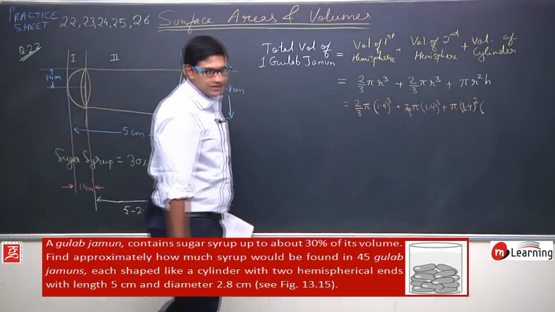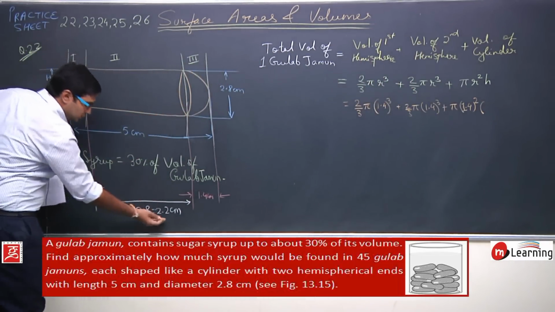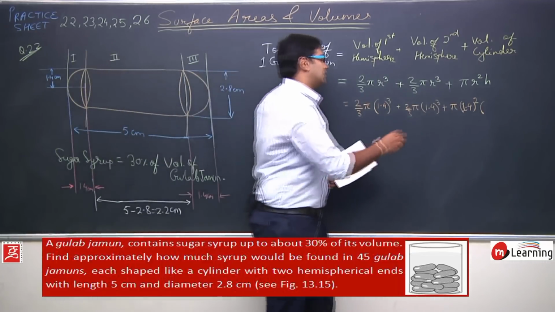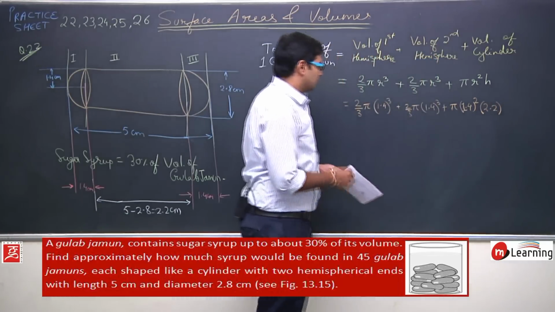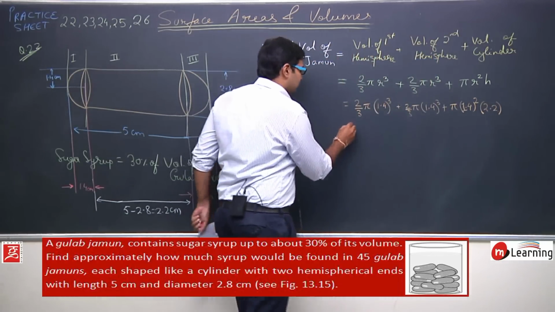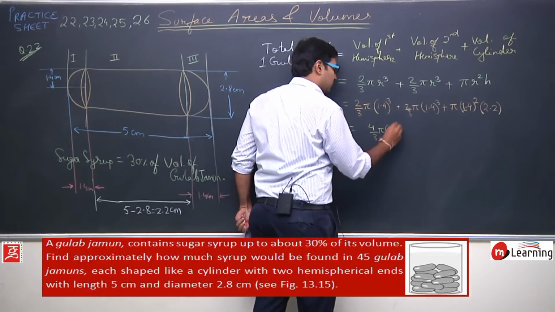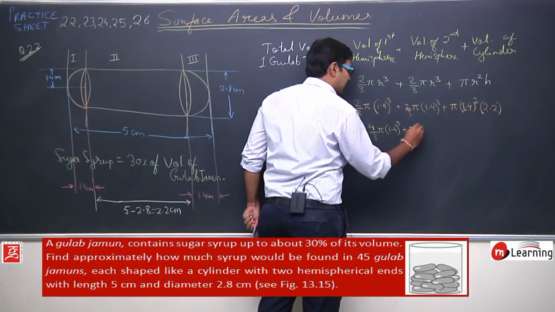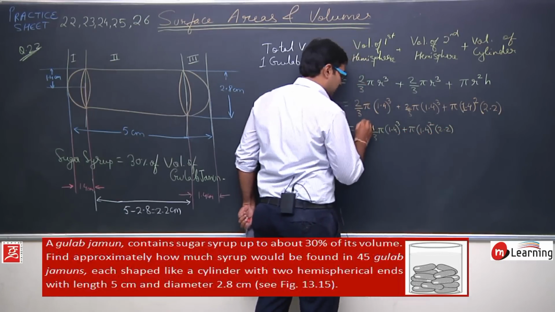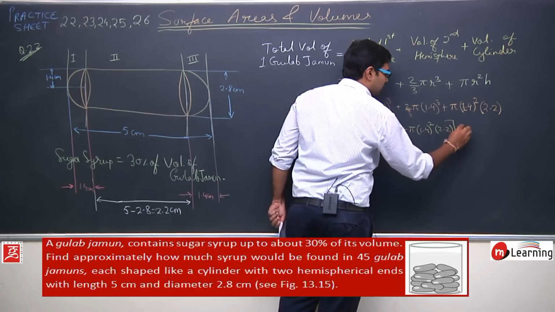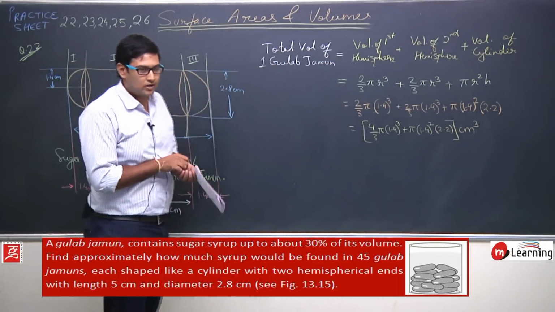H is the length of the cylinder we just calculated, 2.2. So this gives 4 by 3 pi 1.4 whole cube plus pi 1.4 square into 2.2. This is the volume of one gulab jamun in centimeter cube.